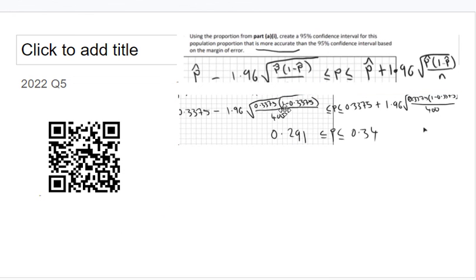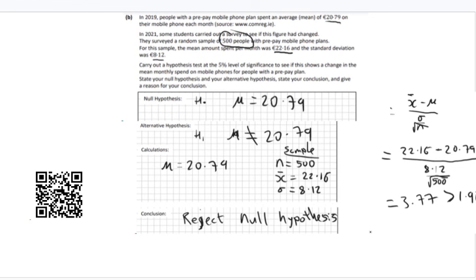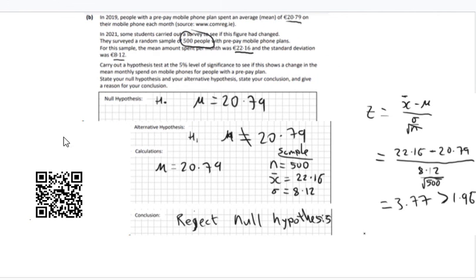So yeah, it's using the population proportion that is more accurate, so it's using this one with the p-hat. So again, there's a link there to that, and then this is part B for that same question, and it's a hypothesis test for the mean.